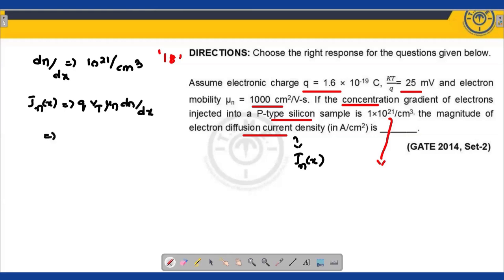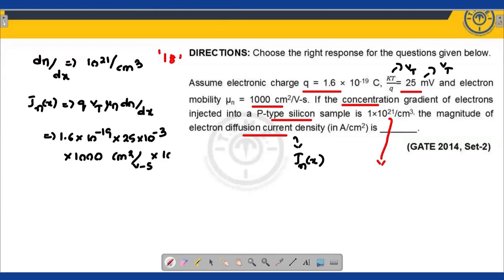Then q is equal to 1.6 into 10 power minus 19, and for VT, I already told you, kT by q is nothing but VT only, the volt equivalent of temperature, which is 25 millivolts. So it is equal to 25 into 10 power minus 3, and the mu n value is 1000 centimeter square per volt second, into dn by dx, which is equal to 10 power 21.